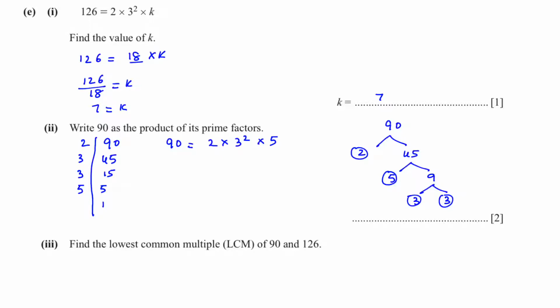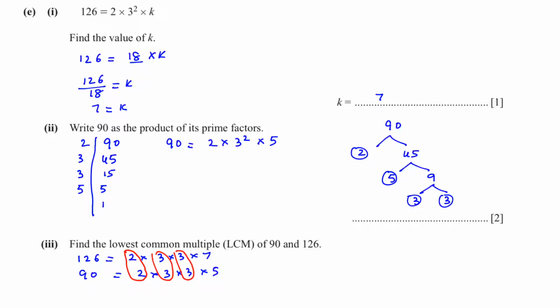Next question. Find the lowest common multiple of 90 and 126. 126 can be written as 2 multiplied by 3 multiplied by 3 multiplied by 7. And 90 can be written as 2 times 3 times 3 times 5. When you're finding the lowest common multiple using prime numbers, circle the common ones: 2, 3, and 3.